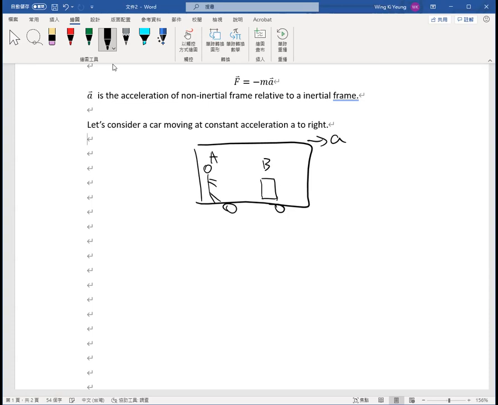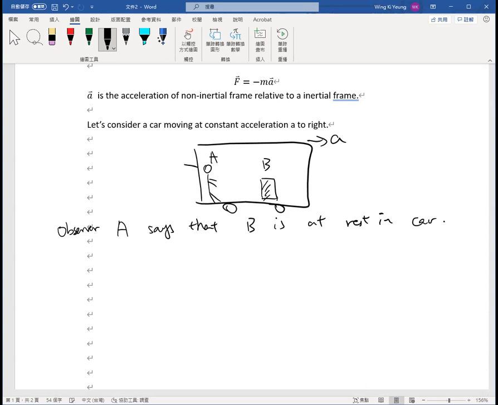When you look at the motion of B, this block, you say that B is at rest in the car. So you think that the net force acting on B is 0. But indeed it's not 0.